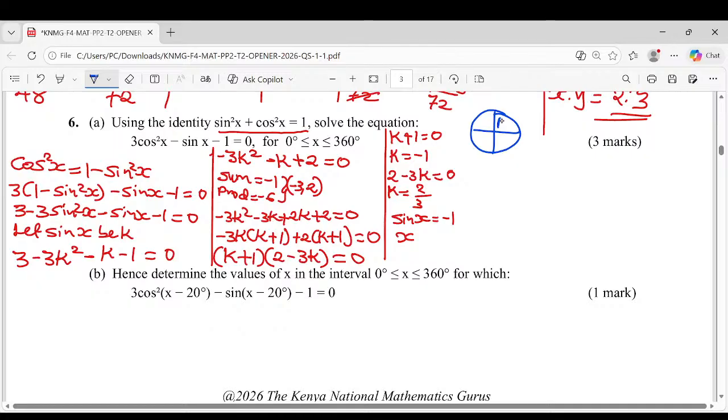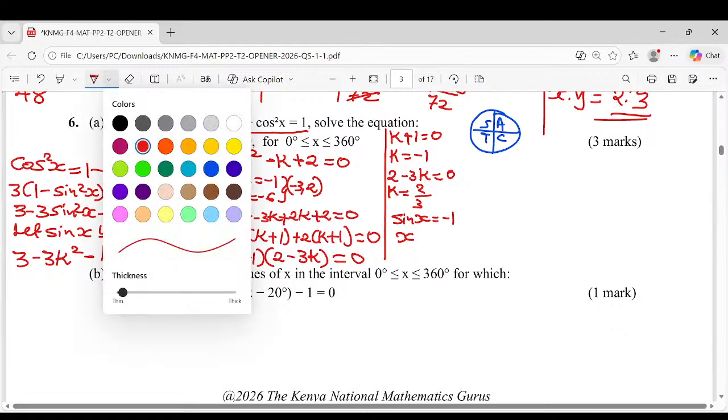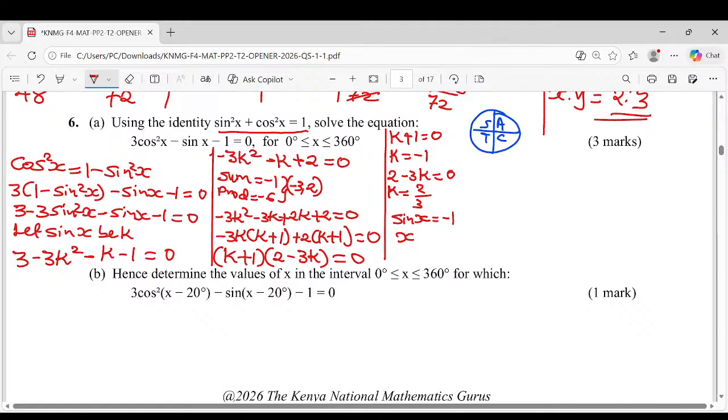All students take computer. If that is our unit circle, if sine x is equivalent to -1, then what is the value of x? The sine inverse of 1 is 90. So that means that x is going to be 90.